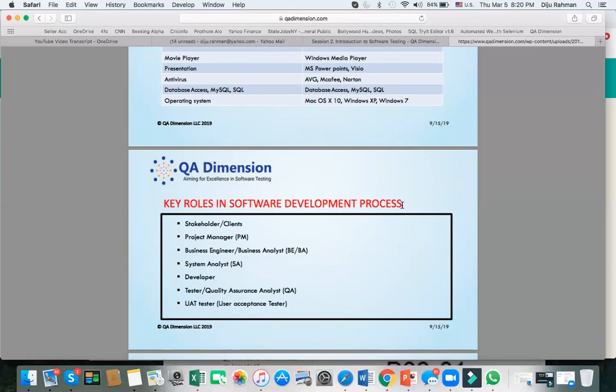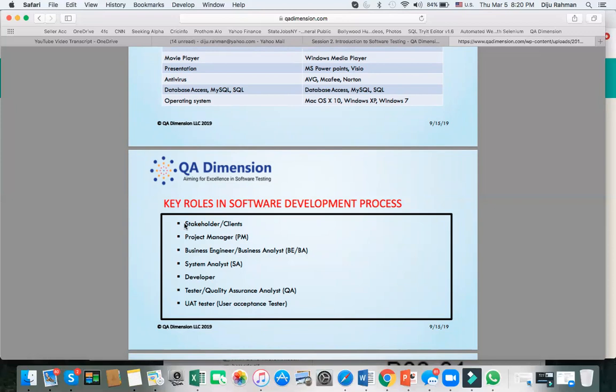You have to have a way to build the software. The software development process is basically, when you build that software, what are the different types of people, roles, or entities you will be interacting with throughout this process. So this is what we're going to talk about in this slide: key roles in the software development process.